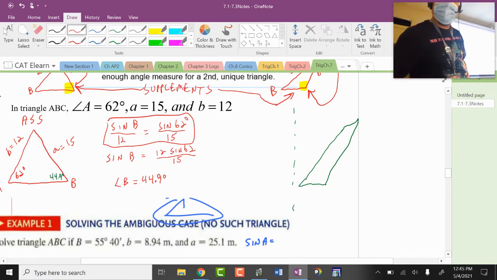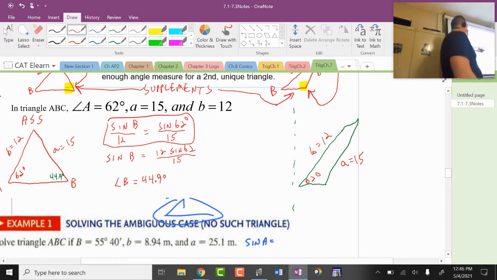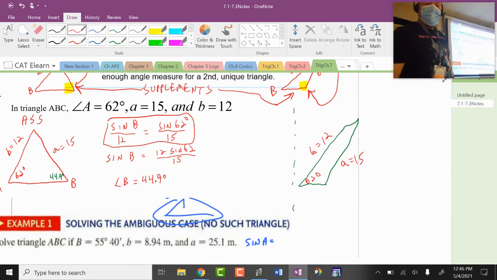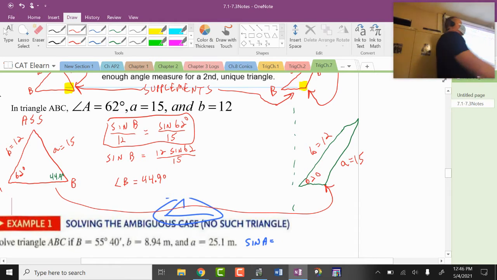Okay, other things that you have to think about. Do understand 62 is still here, 12 is still here. And then she did say something about how this is impossible to have a second triangle when A is longer than that arm. Don't care. You just make sure you understand you do this check. What's the relationship between these two angles? What are they? Starts with an S. Supplements. So you already said it.